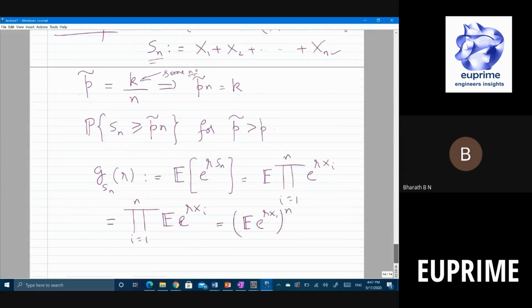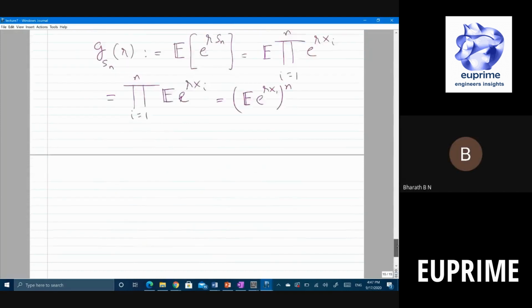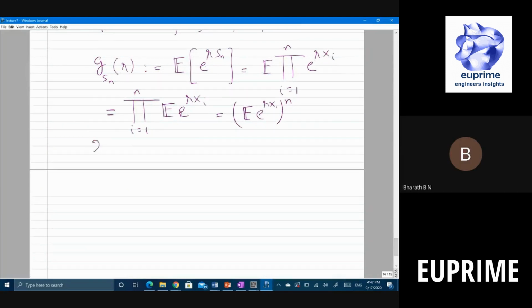Now, how do we compute this? Ln of this will be what? It will be n times ln of the expected value of exponential of r x1, right? Do you agree? Yes, sir. Okay, so now it turns out I'll leave this as an exercise.